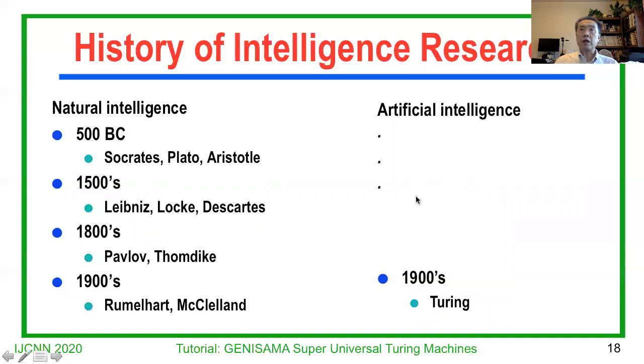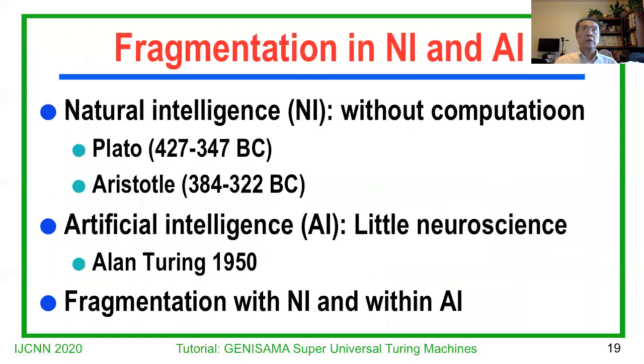Artificial intelligence didn't start until the 1900s, when we had the first computers, and Alan Turing was considered the father of AI. So there is a fragmentation in AI and in natural intelligence, and also fragmentation between these two disciplines. In the old days, the study of natural intelligence started without computation, mainly qualitative.